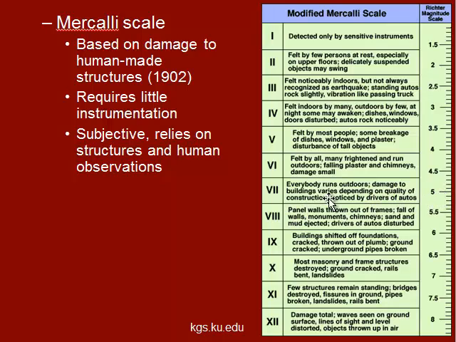People driving around notice it. If we move up to a 9, buildings are thrown off foundations, cracked, ground cracked, pipes broken, and then all the way to the very highest, waves seen on the ground surface, line of sight distorted, objects thrown up in the air. So this is all based on observations.